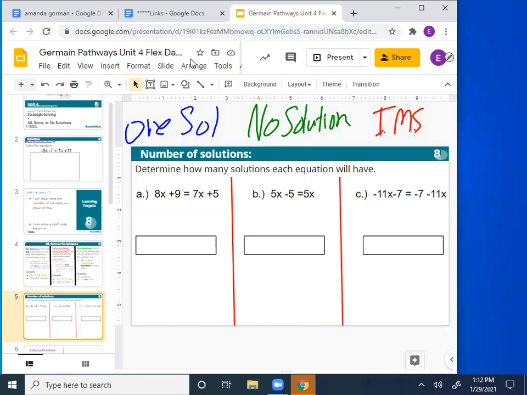So what do you guys think about letter A here? How many solutions is letter A going to have? Avery, what do you think? Avery is saying she thinks it's going to have one solution. And why do we think that letter A is only going to have one solution? What made you think that looking at it?